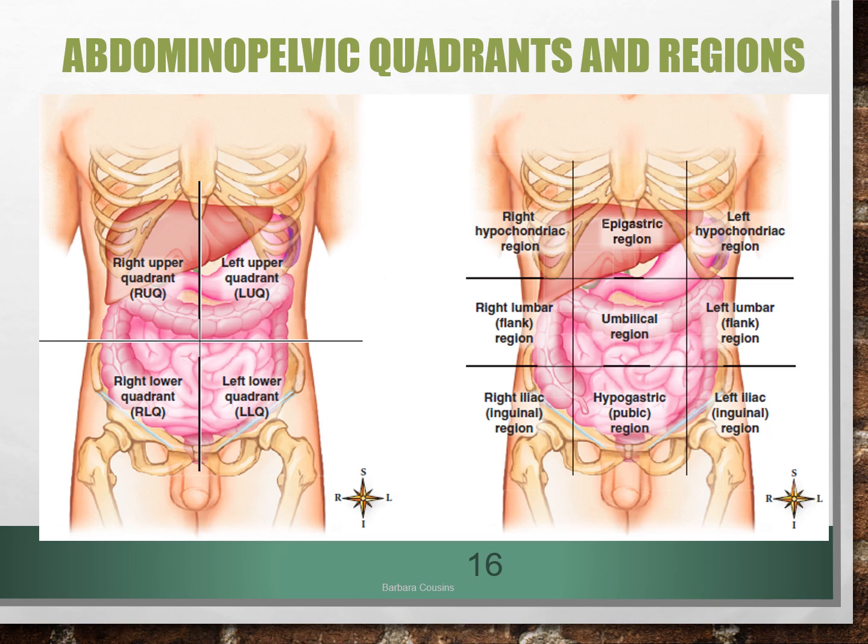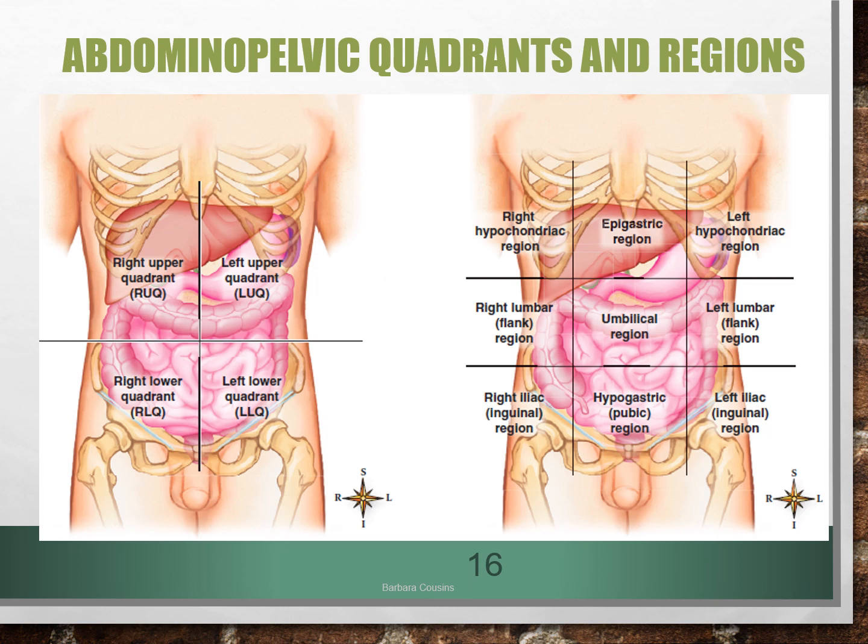Hypochondriac, you should know from medical terminology, meaning below the ribs. Below the ribs, okay? Moving downward, we have a left and right lumbar or flank region. And then the lower left and right regions are called iliac or inguinal.